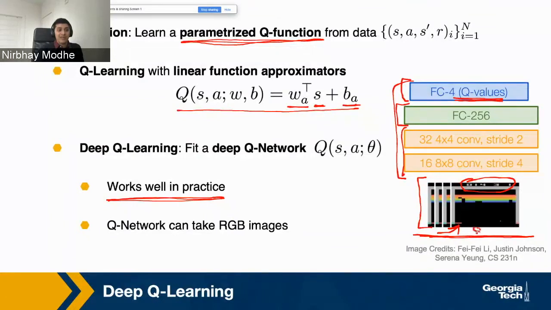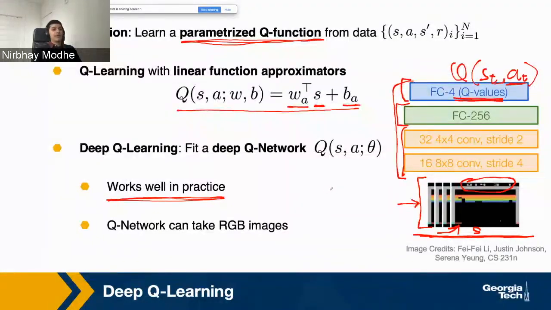So if this is the state S_t, and these are the previous states S_{t-1}, S_{t-2}, and S_{t-3}, this network will give as output the Q function of S_t and A_t, and it's going to do it for all possible actions. Let's say in this case, there are 2 actions: we can either move the paddle right or left. Then it will give 2 Q values, the Q value for taking the right action and the Q value for taking the left action. So this is an example of how people have used a CNN to understand images and use their understanding of images to predict Q values of a given state.